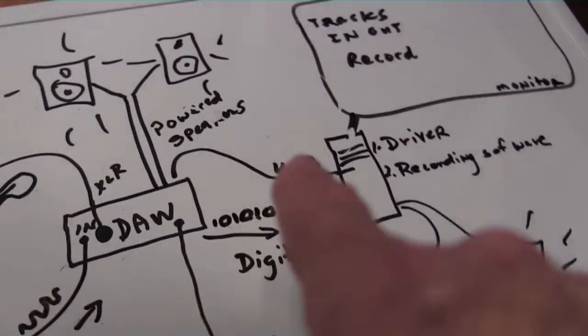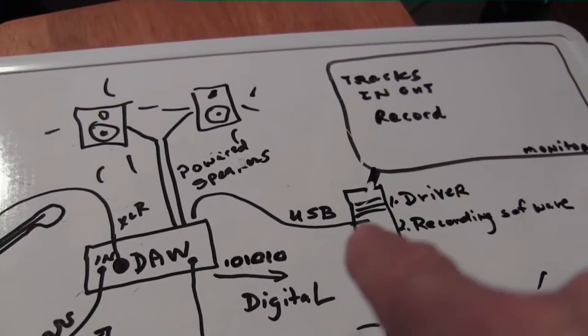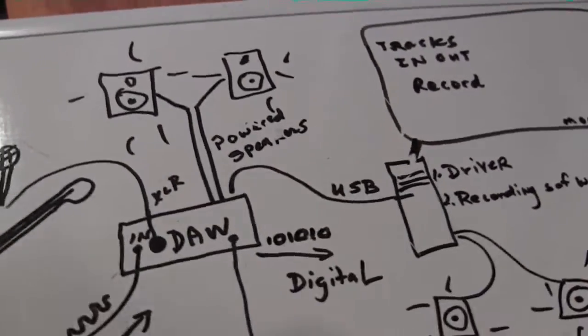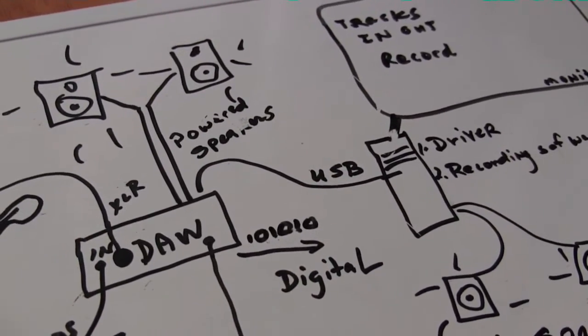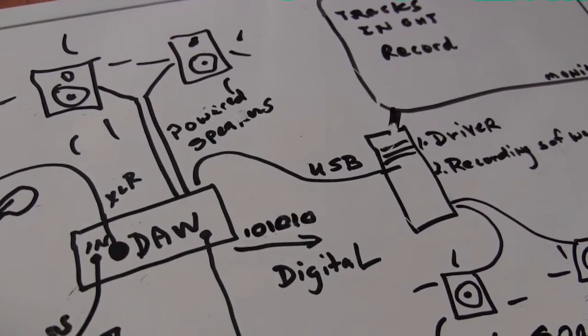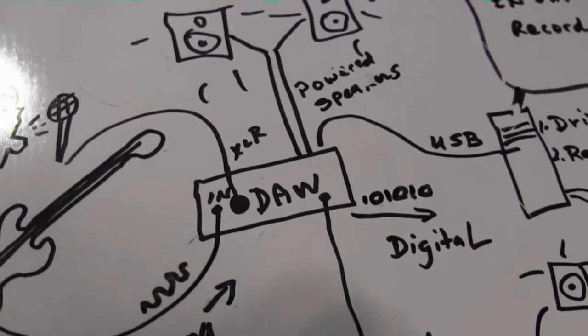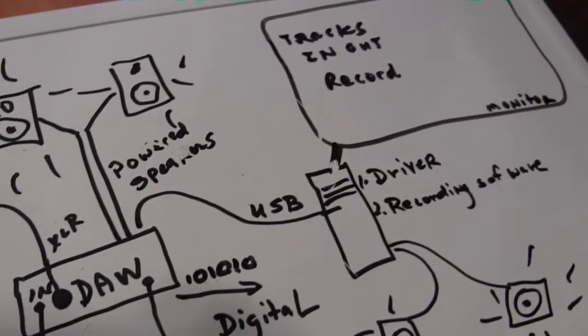It leaves there, and I would suggest a USB. And there's Firewire ones out there that they sell. The older ones are Firewire, and I had a lot of trouble with those. USB seems to work the best. So get a DAW that's USB. That's how it works off of USB. It goes into your computer.